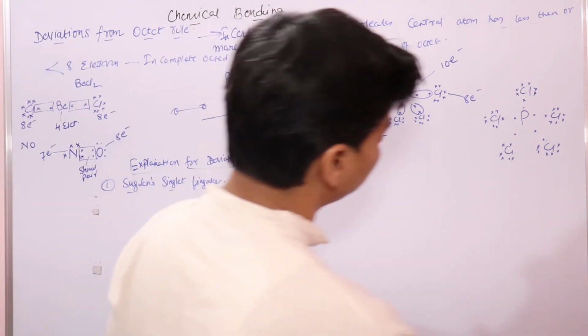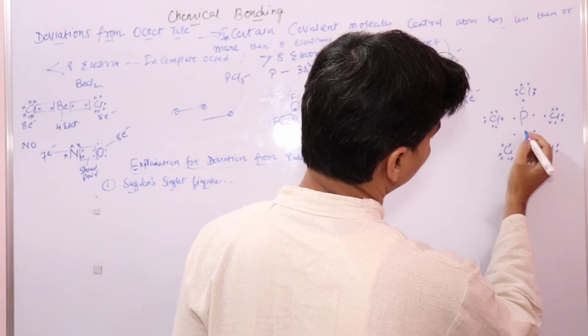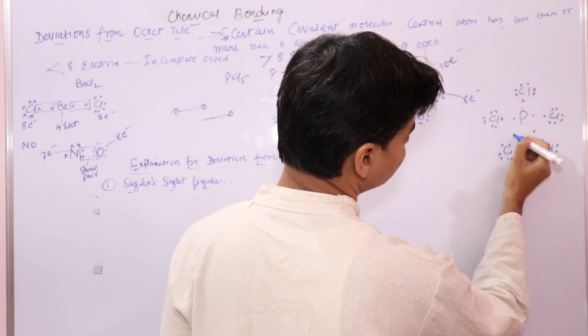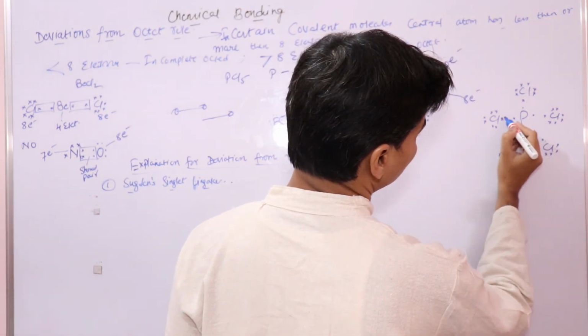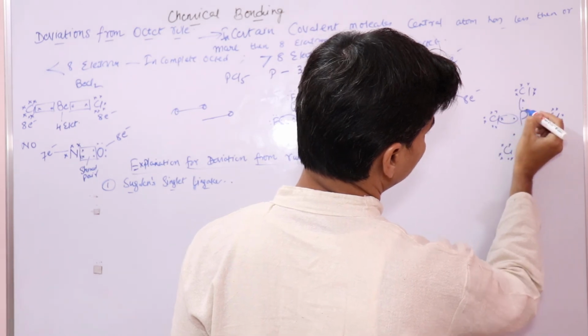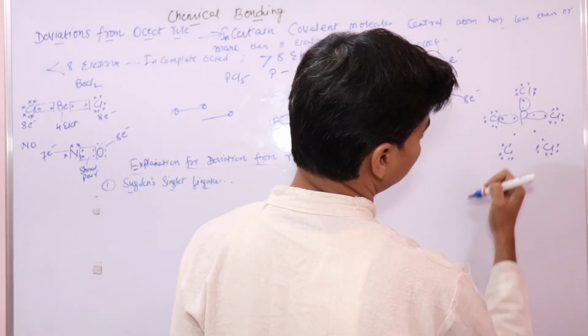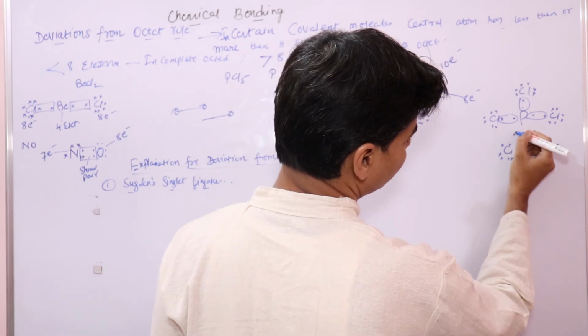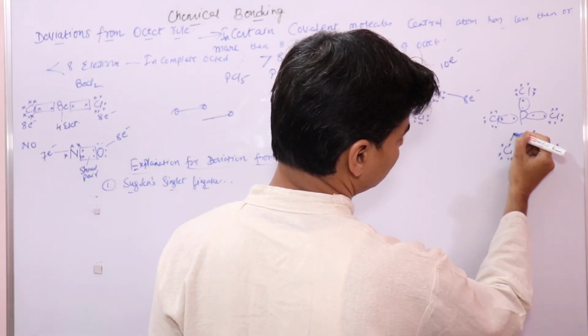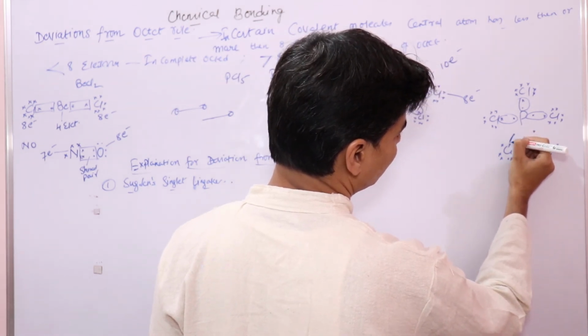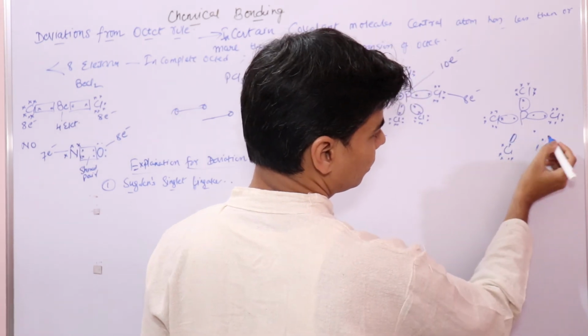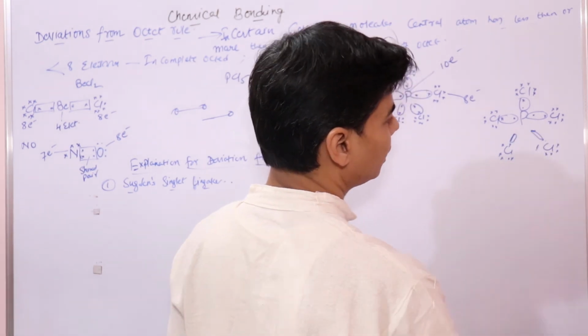It would be pointed from donor towards acceptor. So here, this bond will contain only 1 electron.